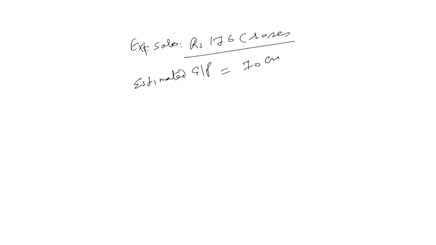This is the analysis we will be making here. So, this is the sales, expected sales, total sales 176 crores, estimated gross profit is 70 crores, and tax rate is 50%. For the sake of simplicity, we have assumed the tax rate as 50%, right.